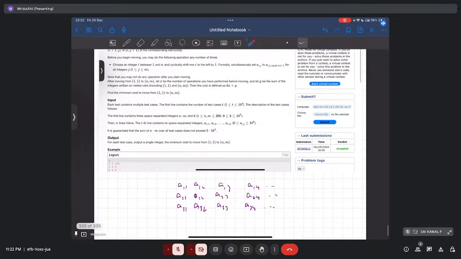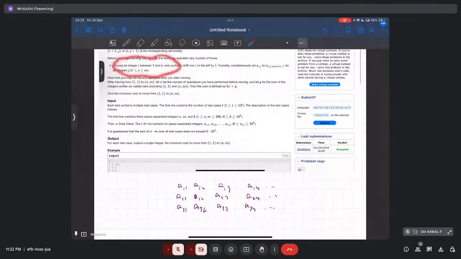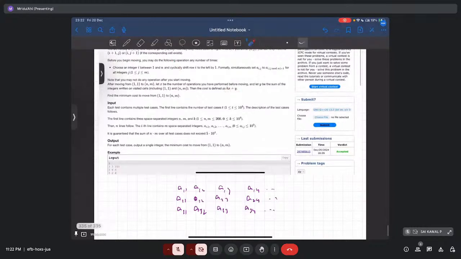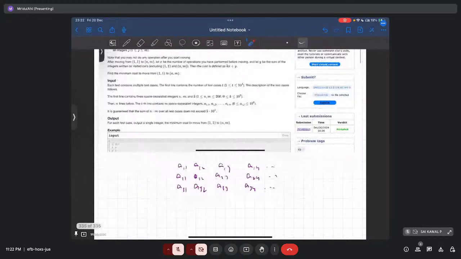So our task is to do operations in such an order and visit paths in such a way that this cost is minimized. This seems like a dynamic programming task.